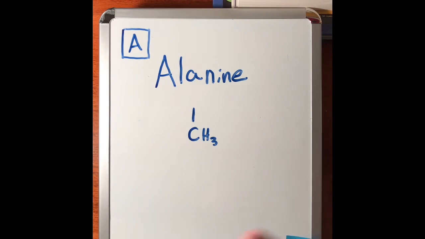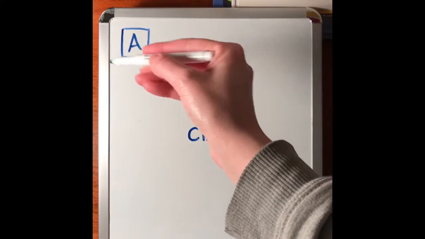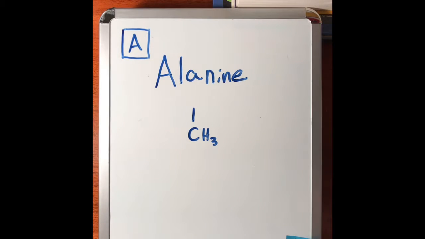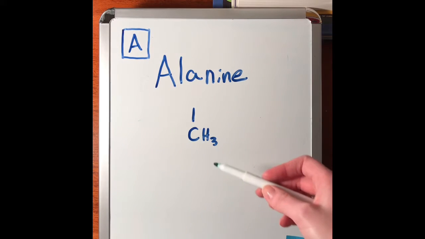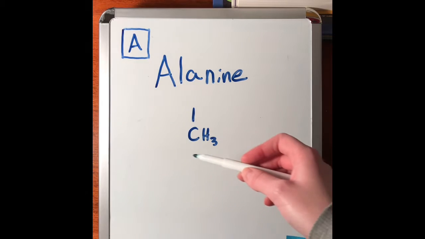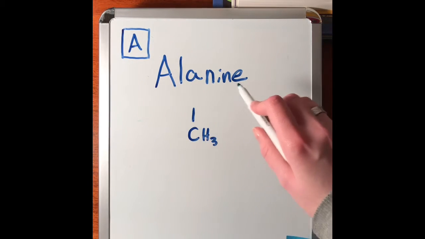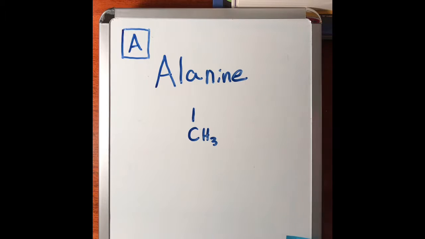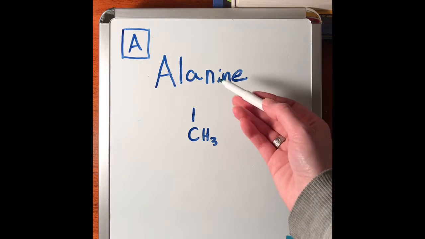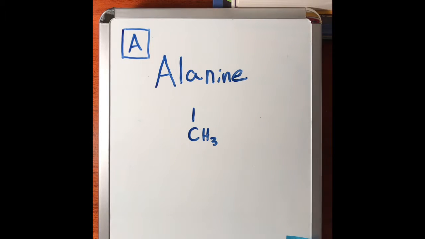This is alanine, and it corresponds to the letter A. As you can see, the R group for an alanine consists of just the carbon with its attached hydrogens. And one thing that I forgot to mention with the glycine is that oftentimes the reason for organizing amino acids according to the alphabet is that the first letter of the amino acid will correspond with its corresponding letter of the alphabet.